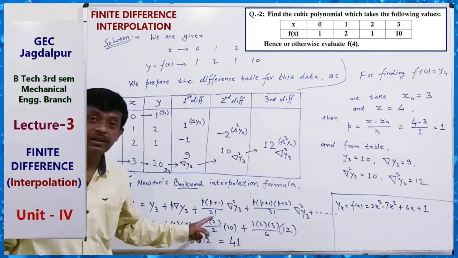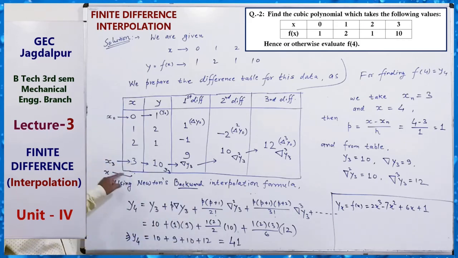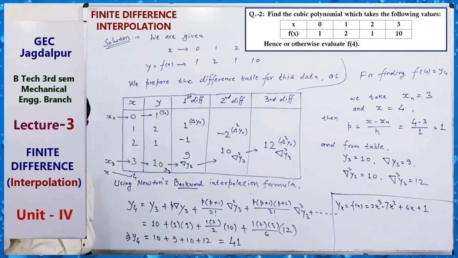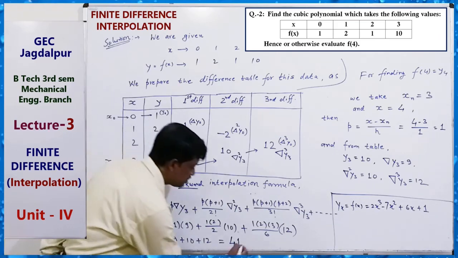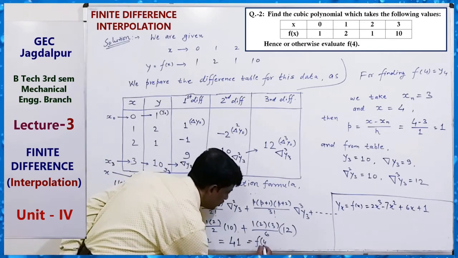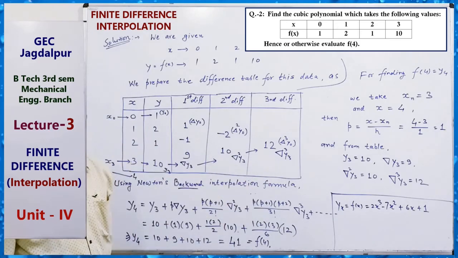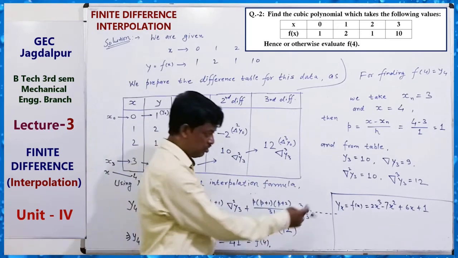Use the backward interpolation formula because x lies here, at the end of the table. Clear? So y4 equals 41. That is f4. We can check it by using this polynomial also.